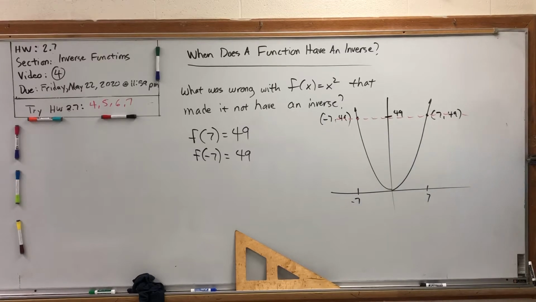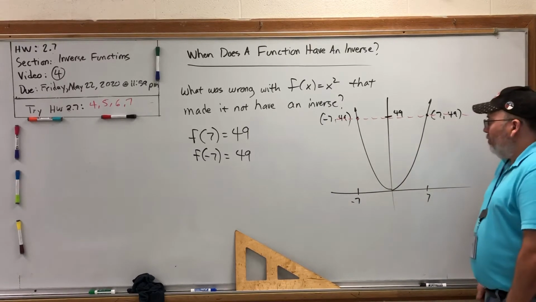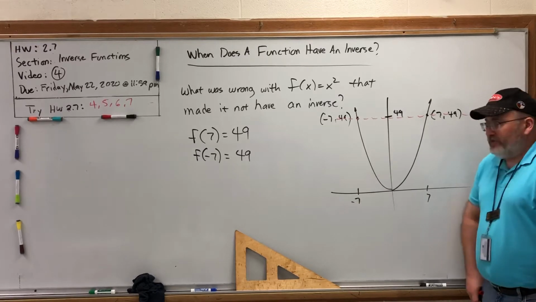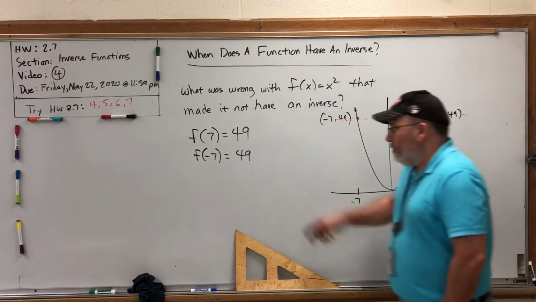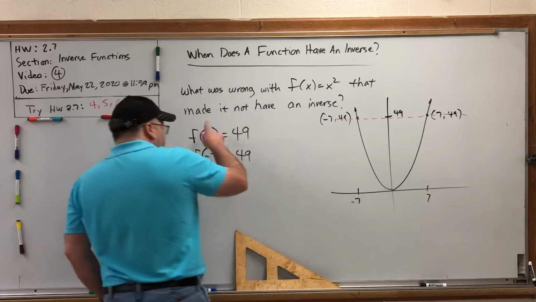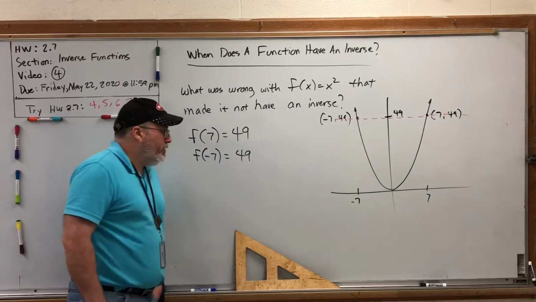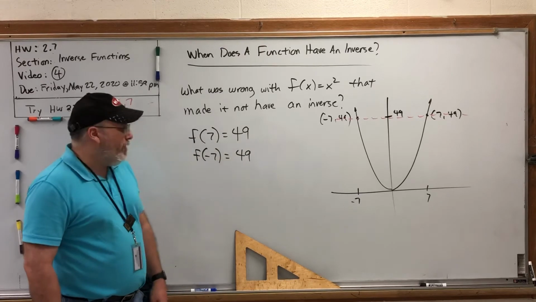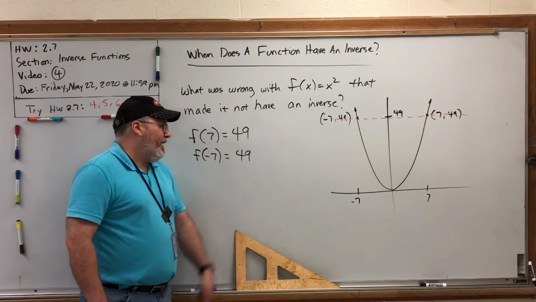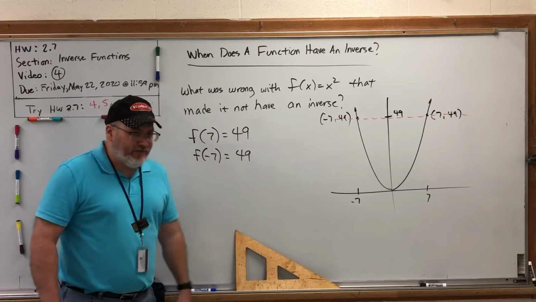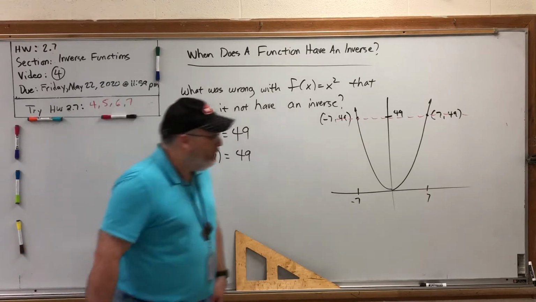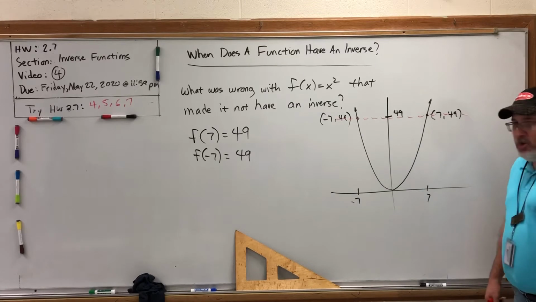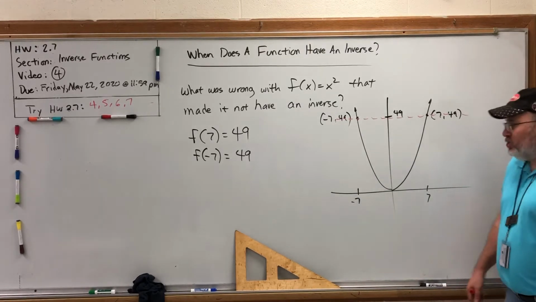Because those 2 points lie on the same horizontal line, we know that they have different x values but the same y value. In other words, in this scenario, 2 different inputs produce the same output, which made it impossible to reverse it with a function. No one function will take 49 and turn it back into 7 and negative 7 simultaneously. So there's a visual way to look at a function's graph and go, you don't have an inverse.